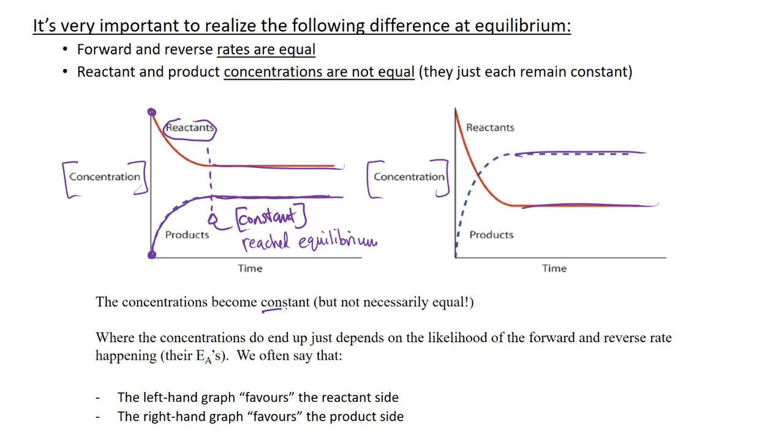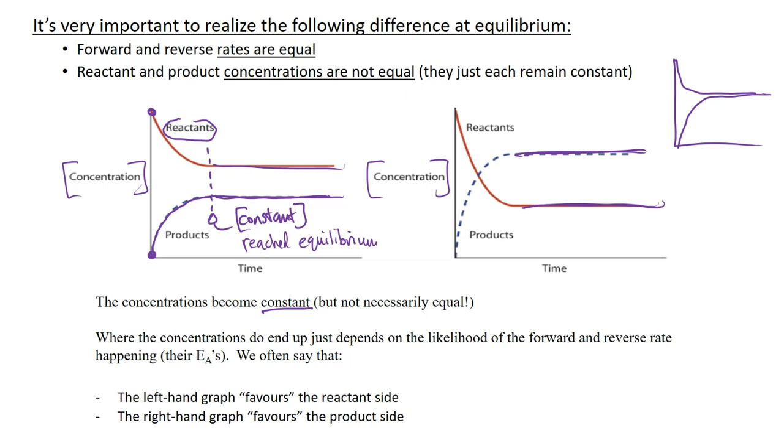So concentrations become constant, they stop changing, and that's our flat line here. The concentration is not going up or down, but they do not necessarily become equal. They might become equal like this. It's just not random, it depends on the system, okay?